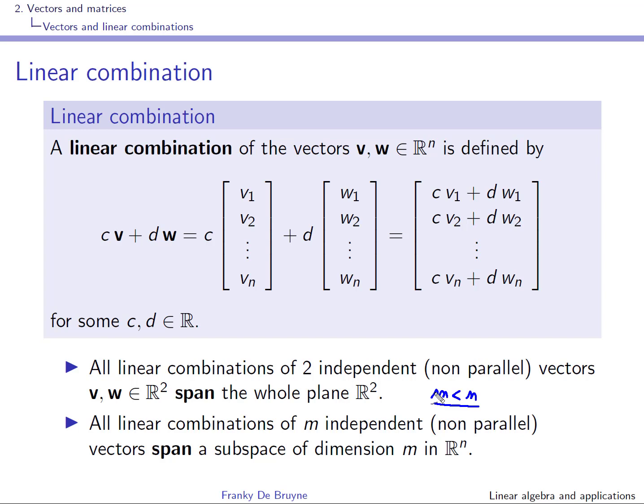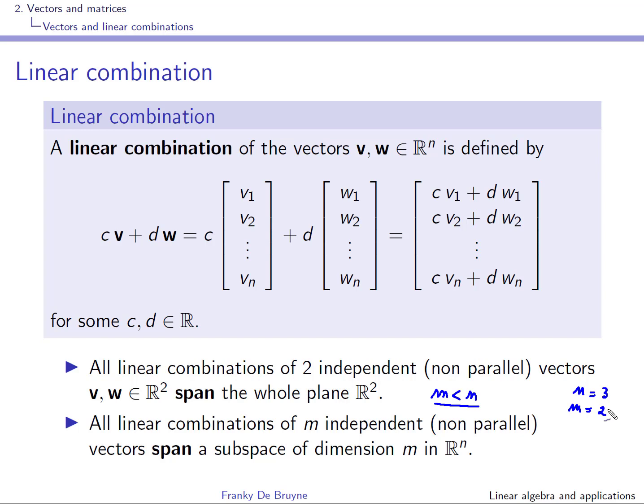So let's take an example and take n equals 3. So this is space, right? You work in space, and you take m equals 2. So let's imagine that you take two vectors that are independent.